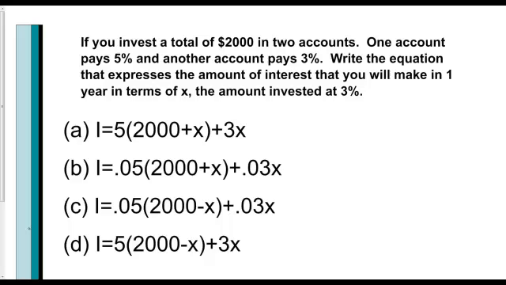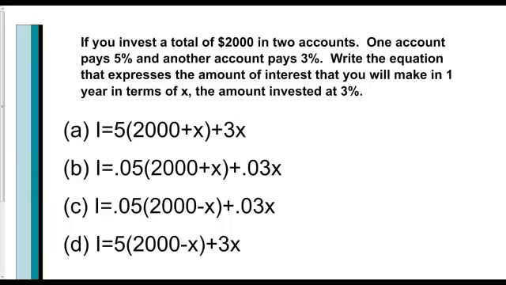Okay, let's take a look at this example here. If you invest a total of $2,000 in two accounts, one account pays 5%, another account pays 3%. Write an equation that expresses the amount of interest that you will make in 1 year in terms of x, the amount invested at 3%.